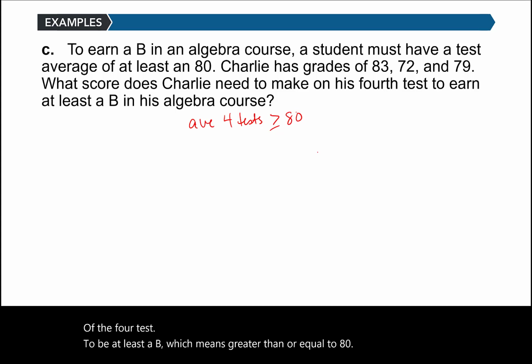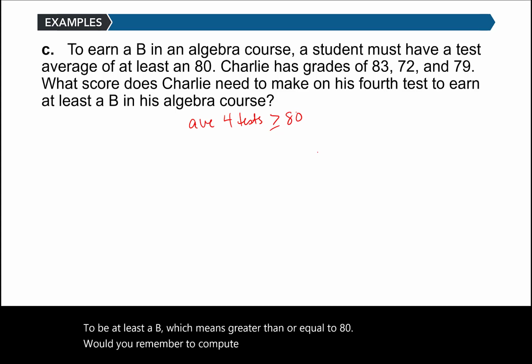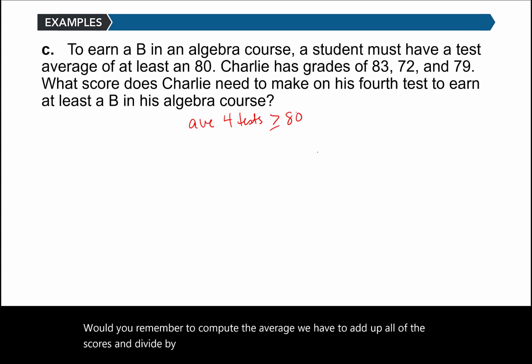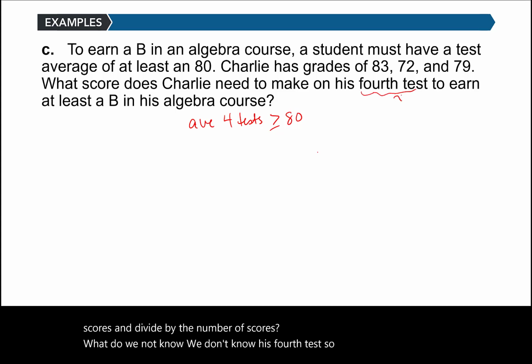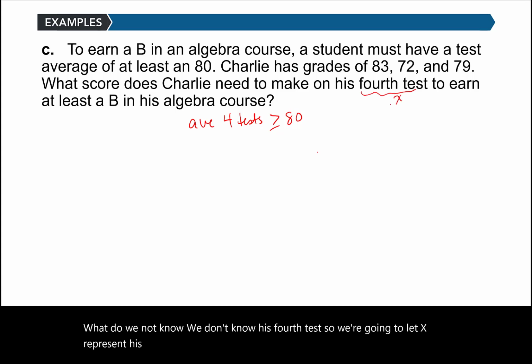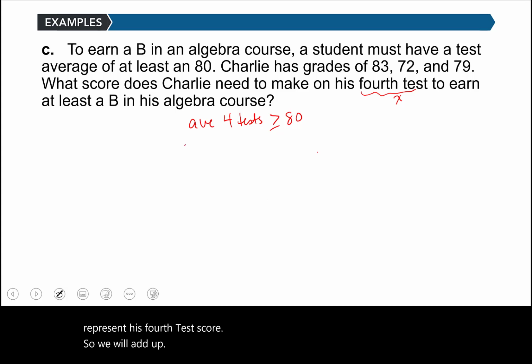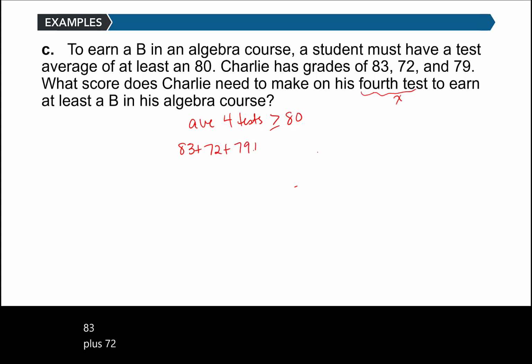Remember, to compute the average, we have to add up all of the scores and divide by the number of scores. What do we not know? We don't know his 4th test, so we're going to let x represent his 4th test score. So we will add up 83 + 72 + 79 + x.